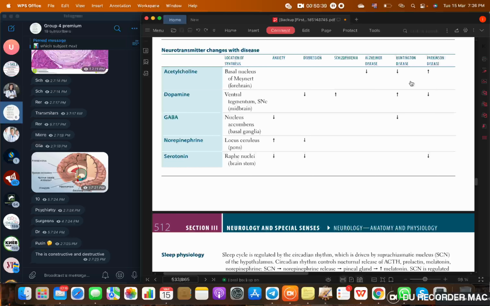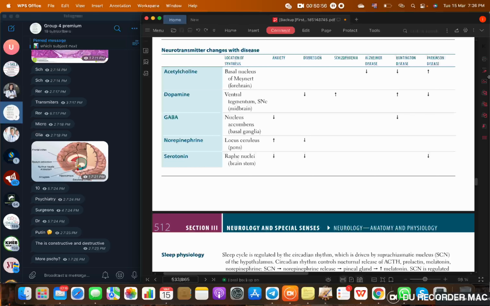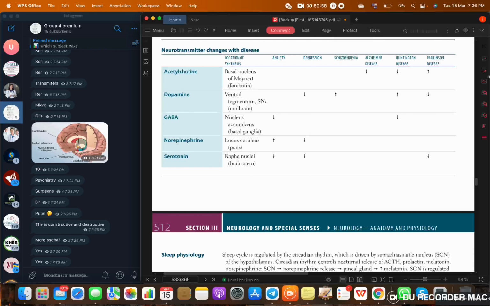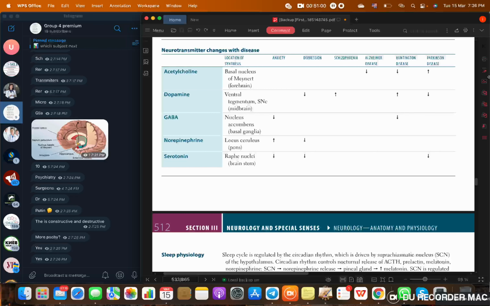Okay, wait a second. So if we bring a patient that does not have schizophrenia, a normal human being, and we load him up with L-DOPA, which is the precursor of dopamine, which eventually is going to increase the dopamine, can he have hallucinations, which exist in schizophrenia? Absolutely, yes.